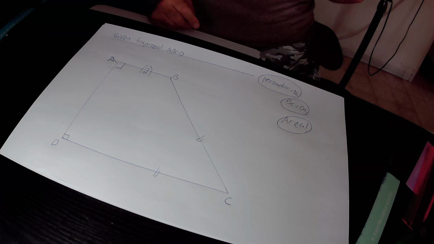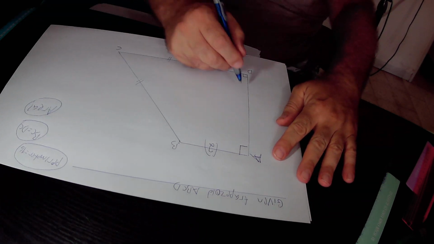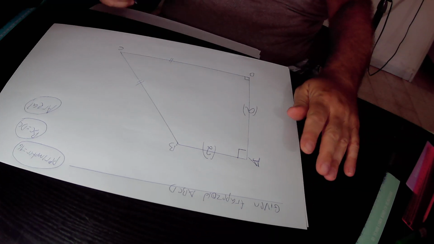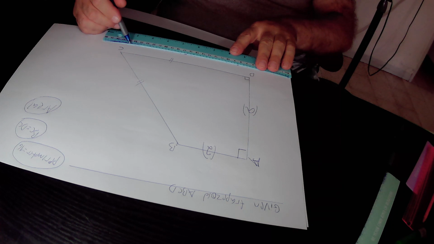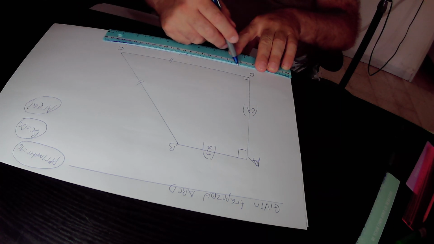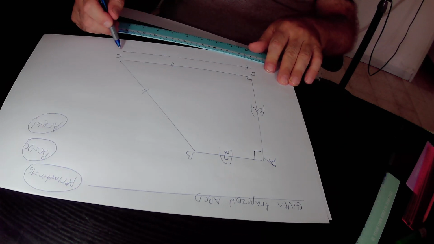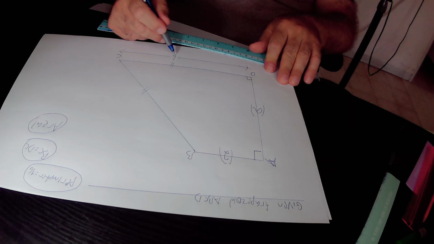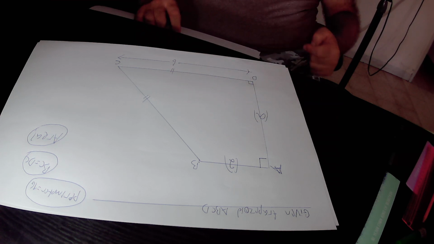Okay, so our mission is to find the area of this trapezoid ABCD. First of all, we define the length of side AD as A, and we define the length of side DC as B. And we know that DC equals BC according to what is given in the question.